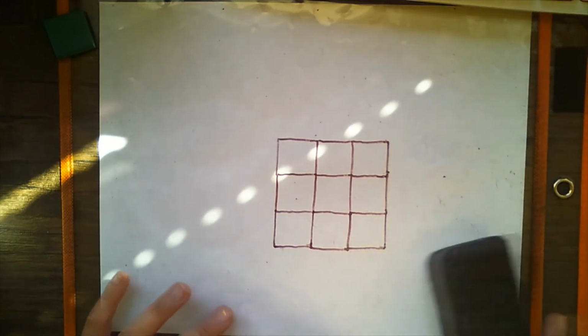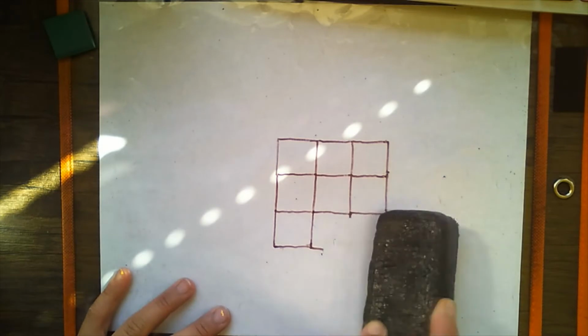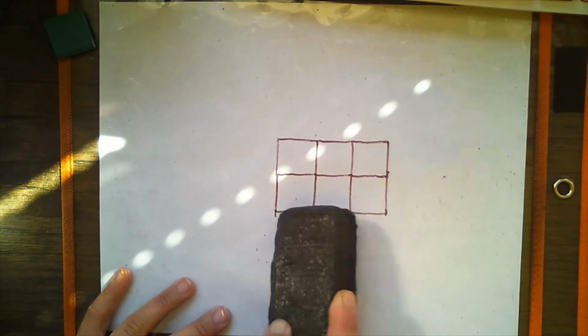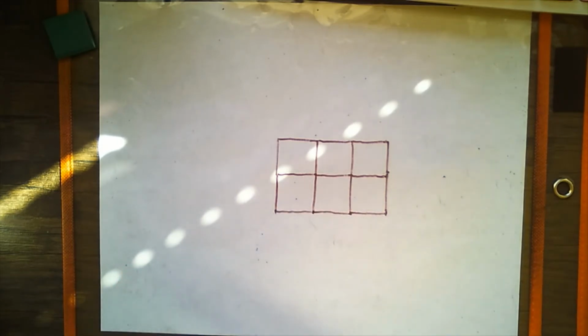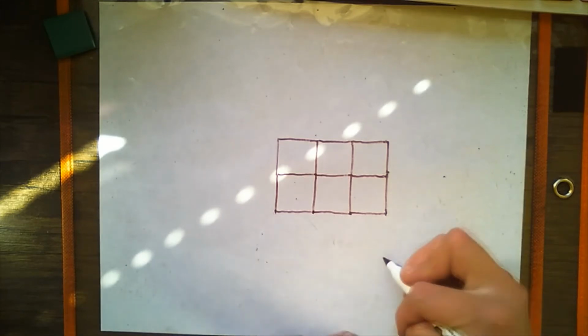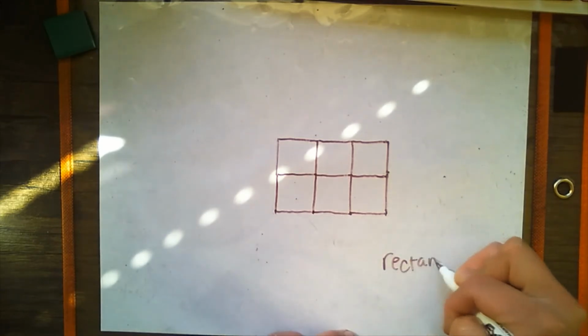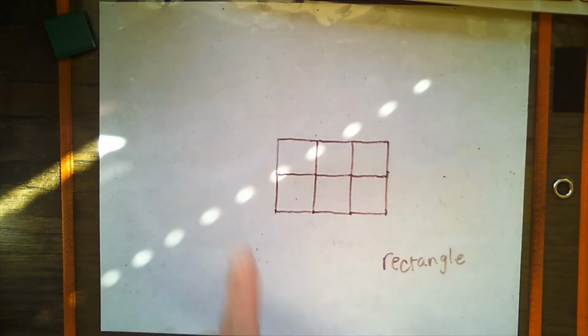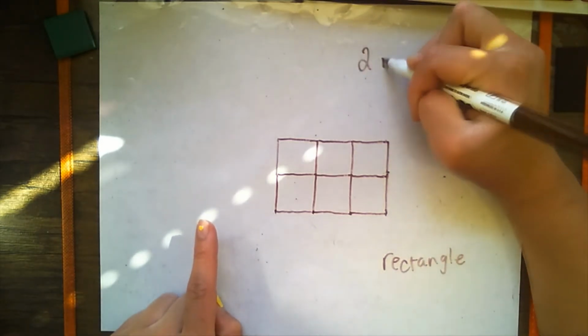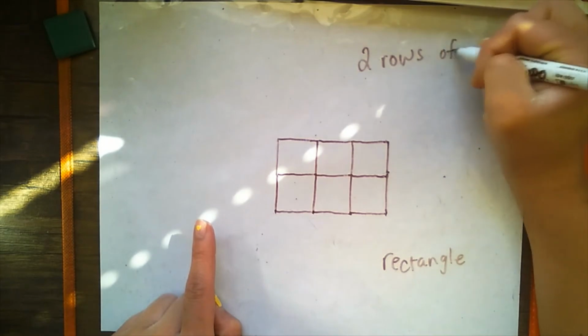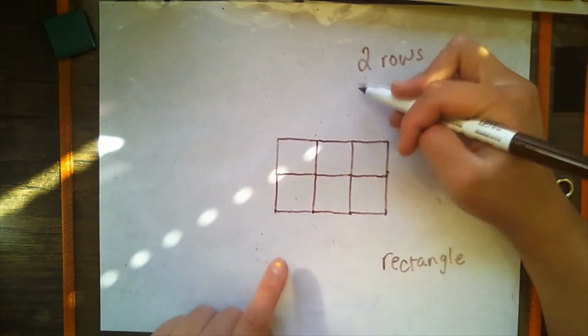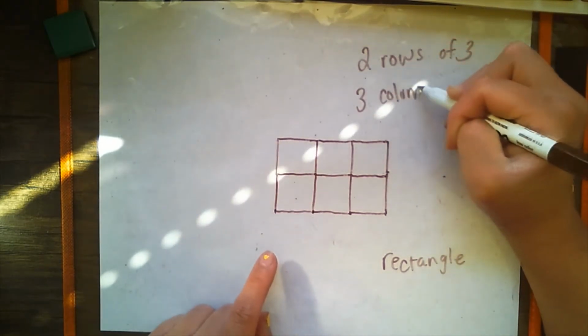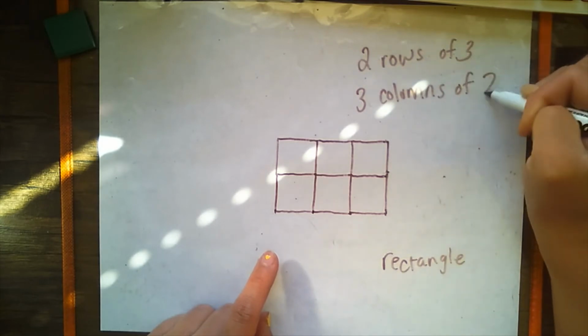Now, if we were to go back and look at just 2 rows of 3, what shape is this? Yeah, it's a rectangle. And in this rectangle, we have 2 rows of 3 and then 3 columns of 2.